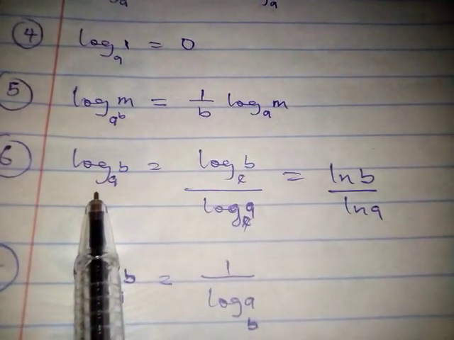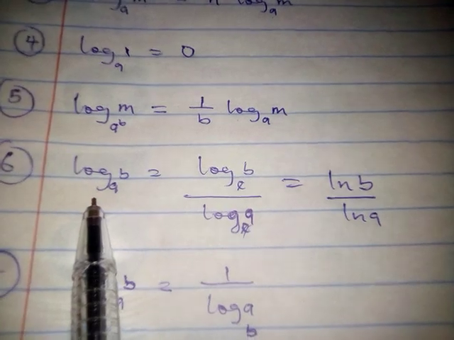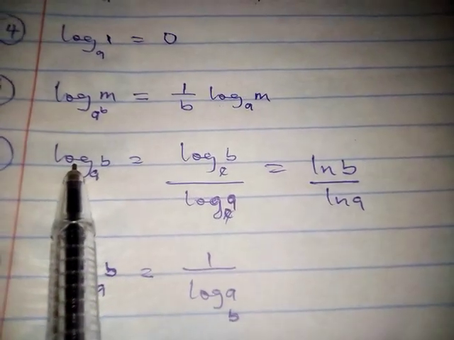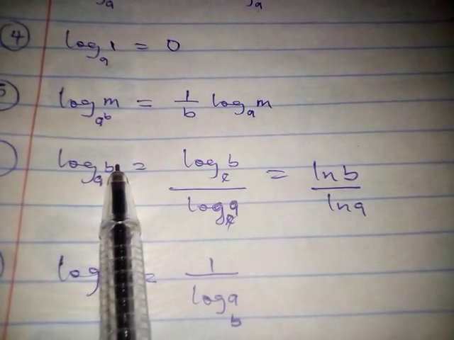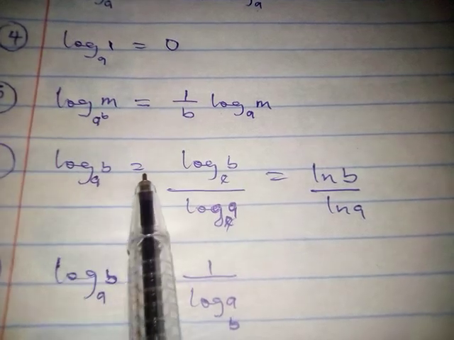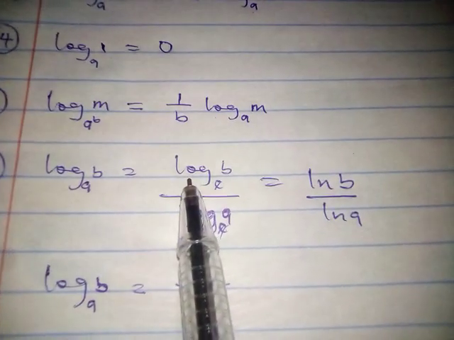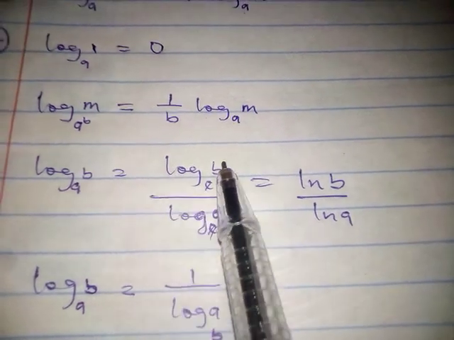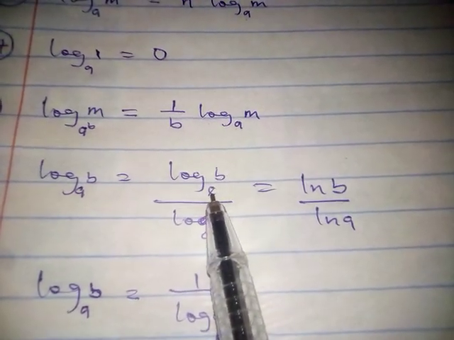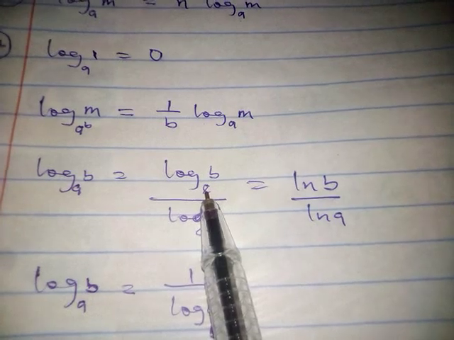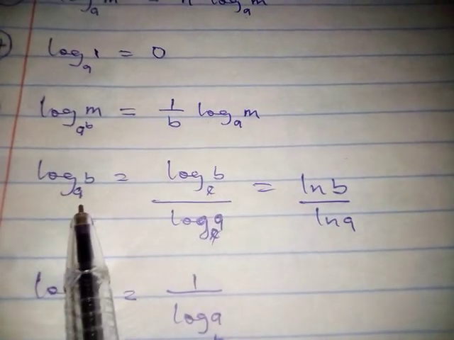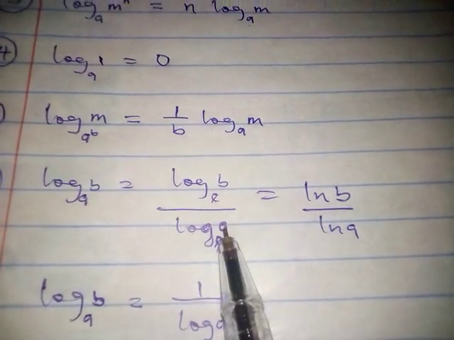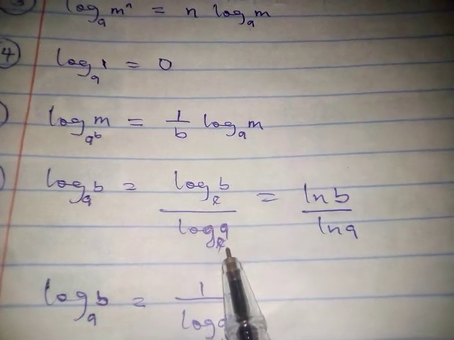Also, this is one of the most interesting parts of logarithm, I love it so much. This is log b with base a. It's the same thing as taking another logarithm of these two: logarithm of b with a new base e, over logarithm of a with the same base e.